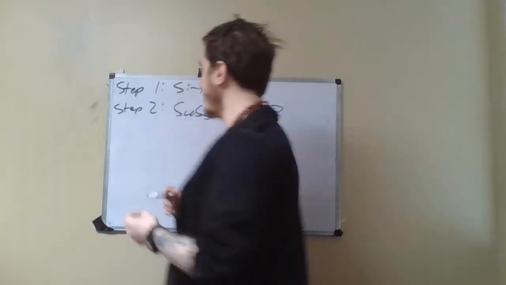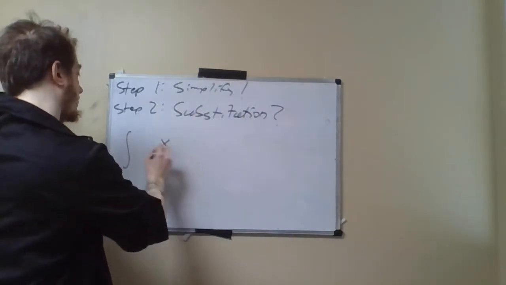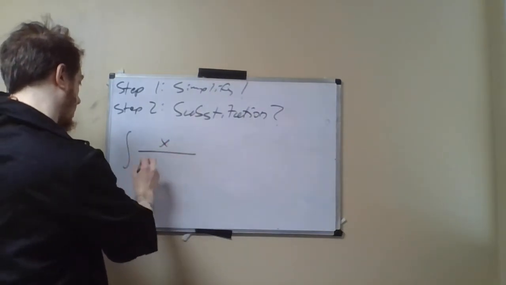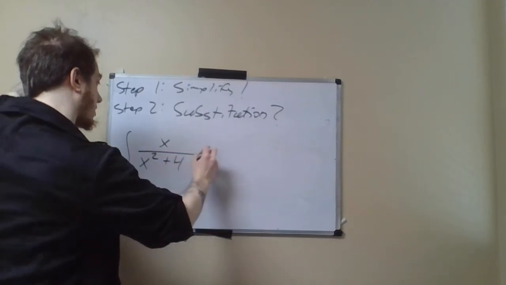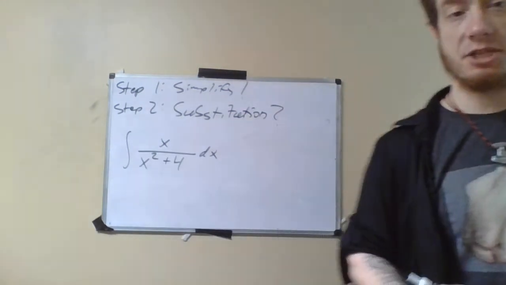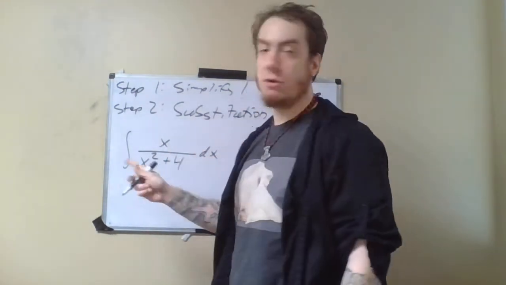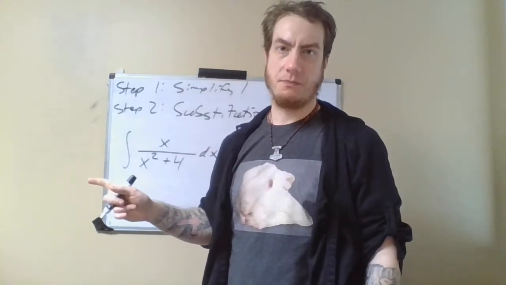For instance, if I see something like the integral of x over x squared plus 4 dx, this x squared plus 4 might make me think of a trig substitution. Like if I just had 1 over x squared plus 4, this would make me think of a trig substitution.